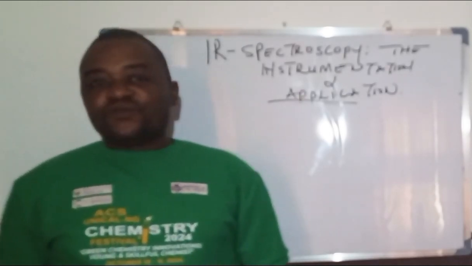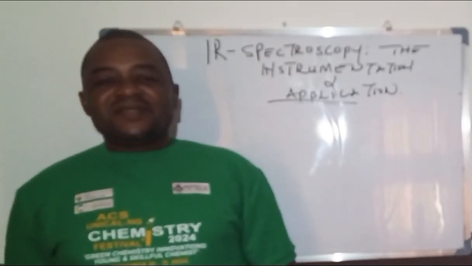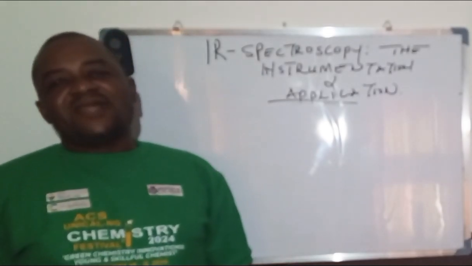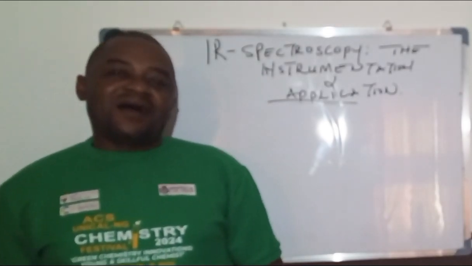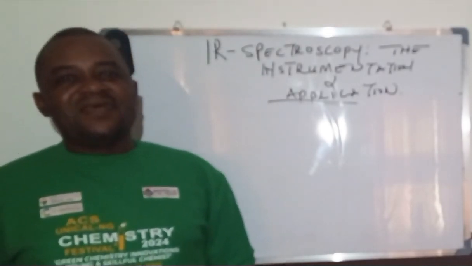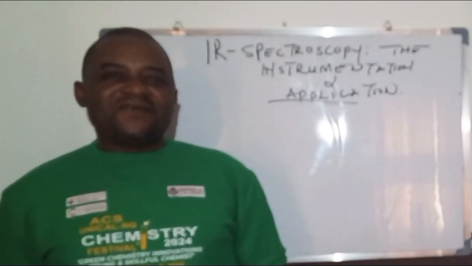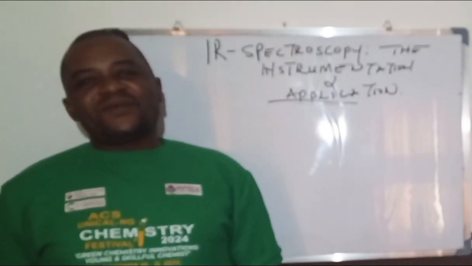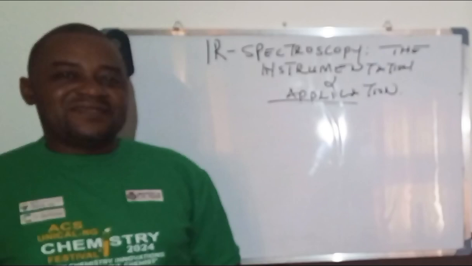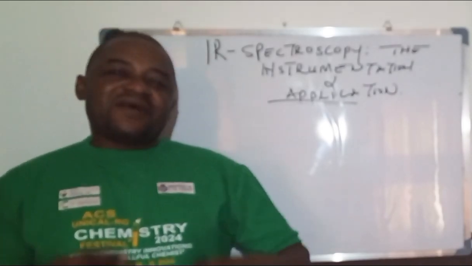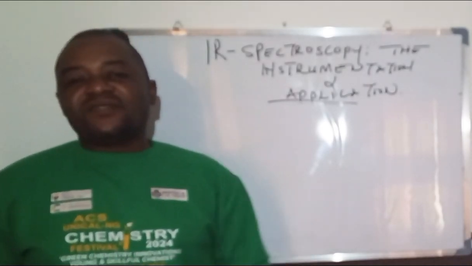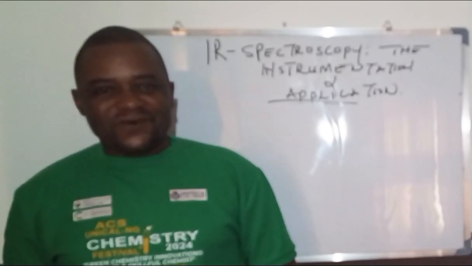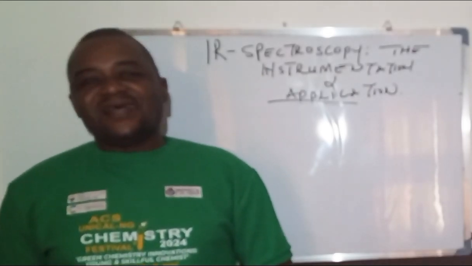Now, we also told ourselves that, in terms of the principle, it is simply the absorption of IR radiations at a particular level, and that this absorption always falls around a particular region, unlike UV-visible spectroscopy.